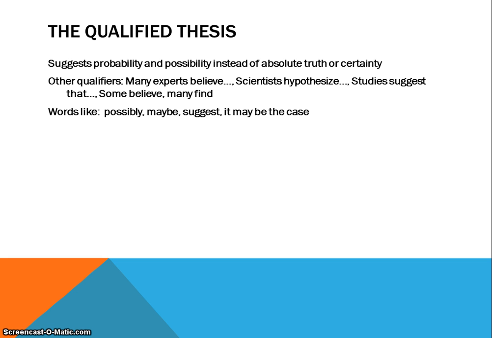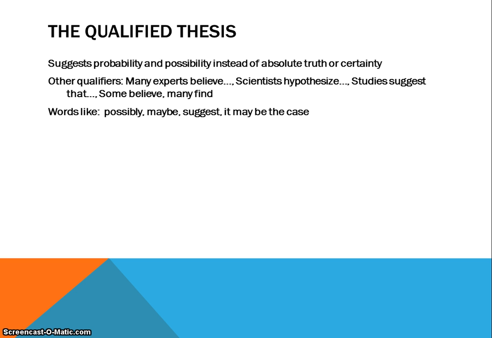So how do we qualify a thesis? Well, first of all, qualification provides and suggests probability and possibility instead of absolute truth or certainty. So some other qualifiers are: many experts believe, scientists hypothesize, studies suggest that, some believe, and many find. And often use words like the word I just used: often, possibly, maybe, suggest, it may be the case that, those types of things.